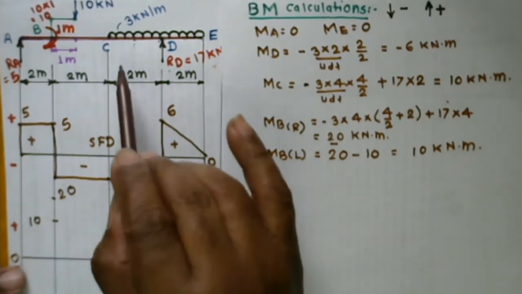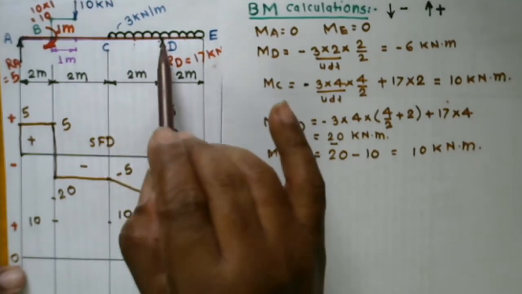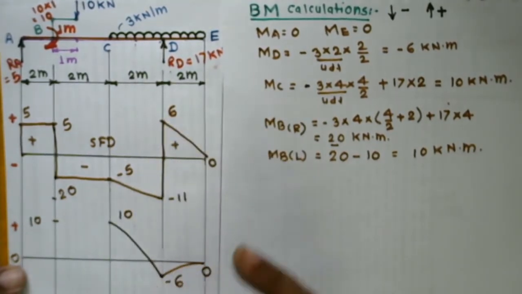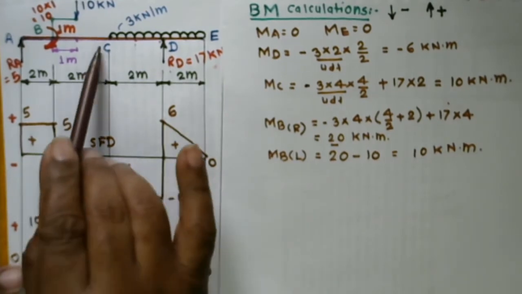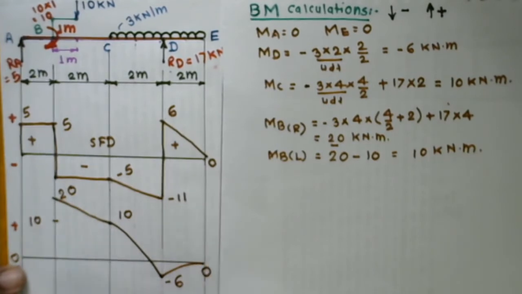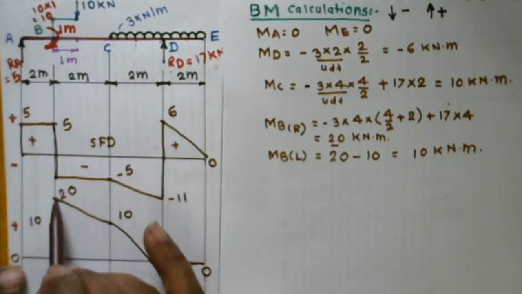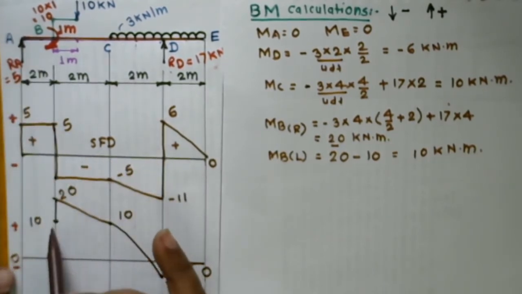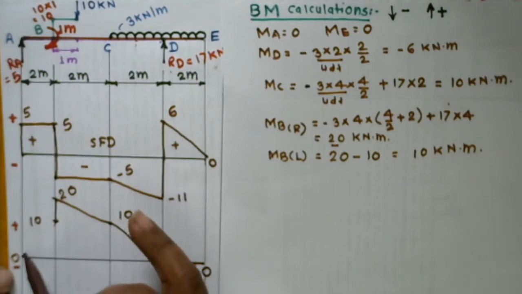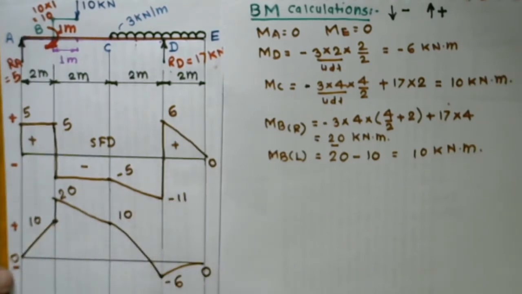Now between points C and D there is a UDL, so we have to join by a parabolic curve, and between points B and C there is no load, so we will join by a straight line. Here a moment is added, so 20 minus 10 becomes 10, and between points B and A there is no load, so again we have to join by an inclined line.